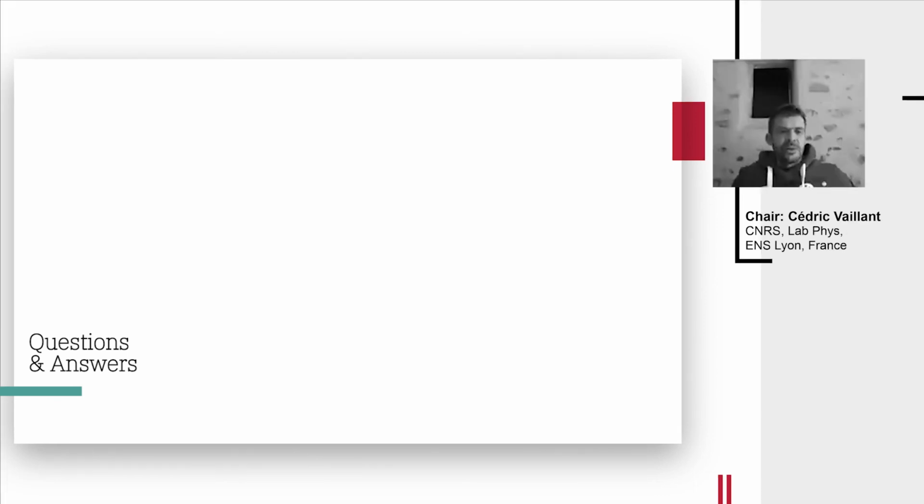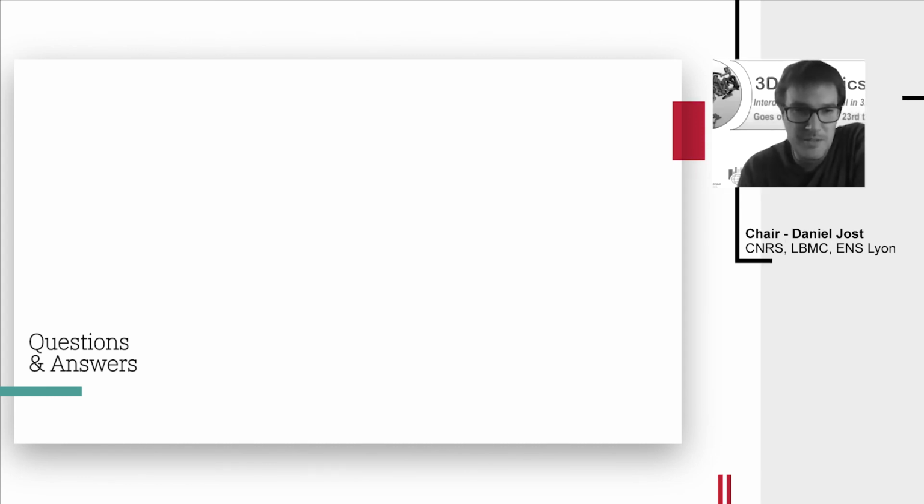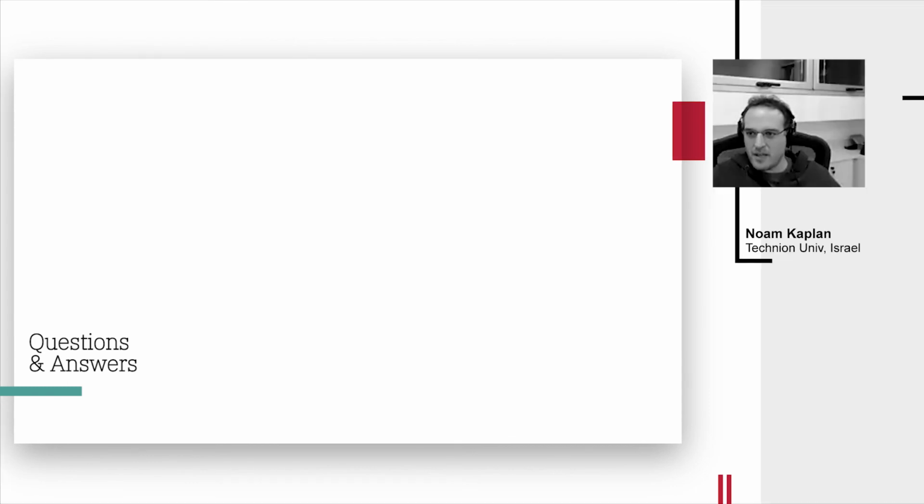Okay, question from Daniel. Yes, hi Noam, thanks for the talk. I was wondering, in the TAD part, where you infer some insulation score, did you compare this insulation score to, I don't know, CTCF or cohesin ChIP-seq to see how they correspond? Yes, actually we've done something even better, I think.